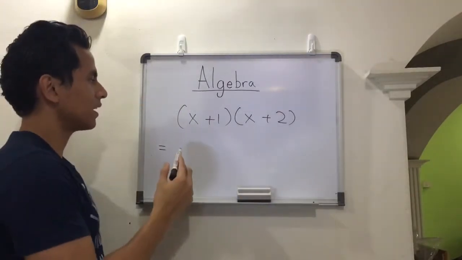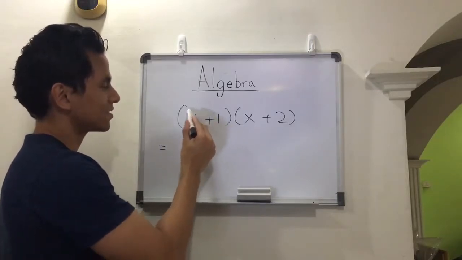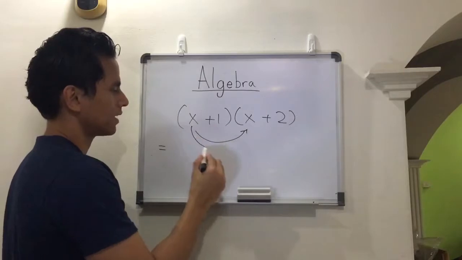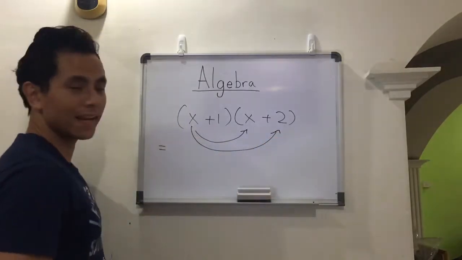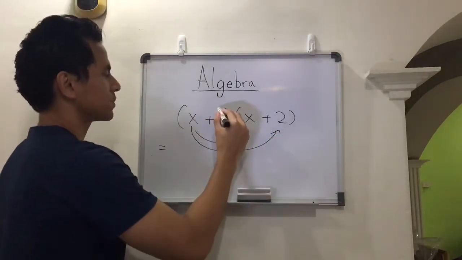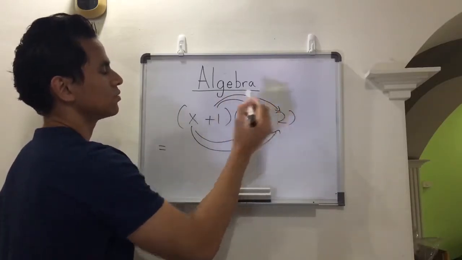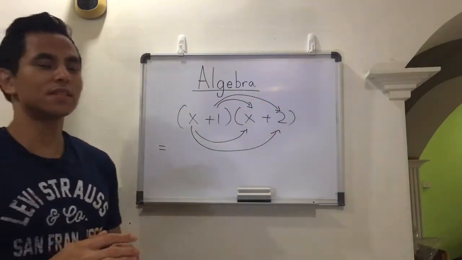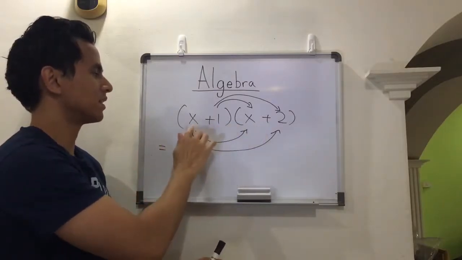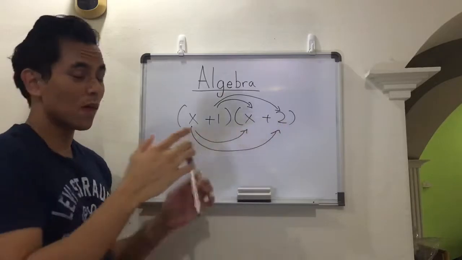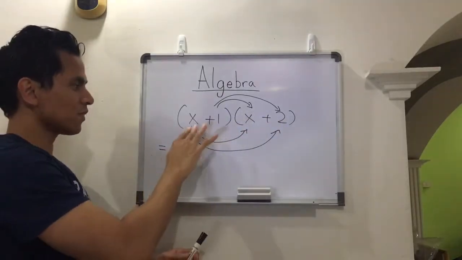The x here has to be multiplied with this x and this 2, and the 1 here has to be multiplied with this x and this 2. So x multiplied by x, x multiplied by 2, 1 multiplied by x, 1 multiplied by 2, this will give us 4 terms.